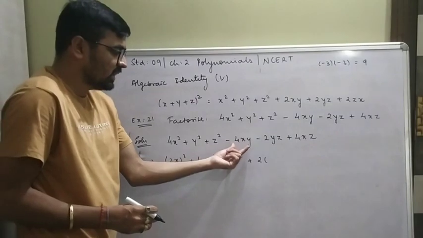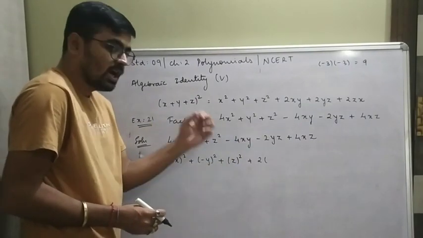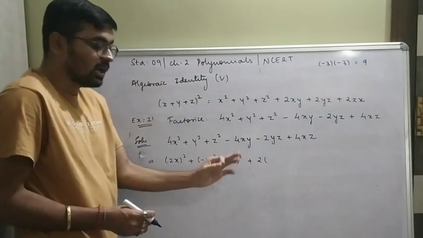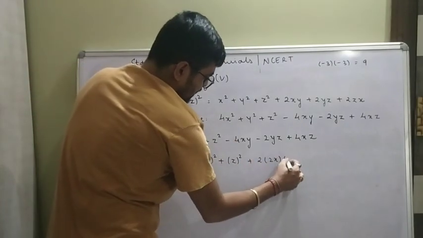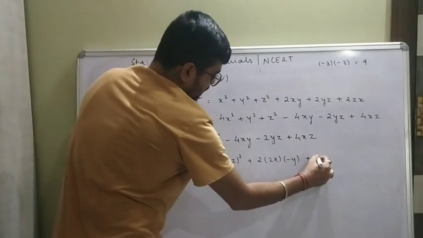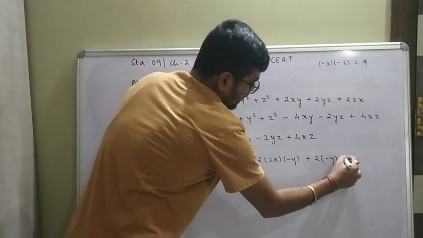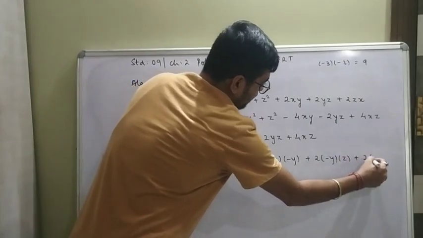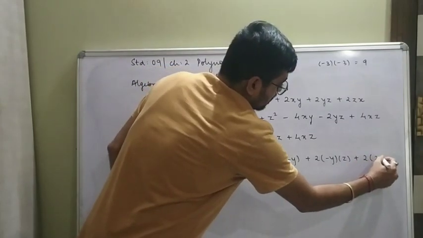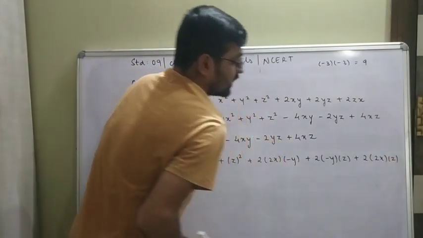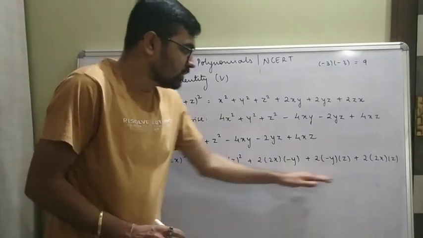Now I know what exactly should be done: twice the product of the first two, that is 2x into minus y, plus twice the product of the next two, that is minus y into z, plus twice the product of first and third, that is 2x into z. Correct?